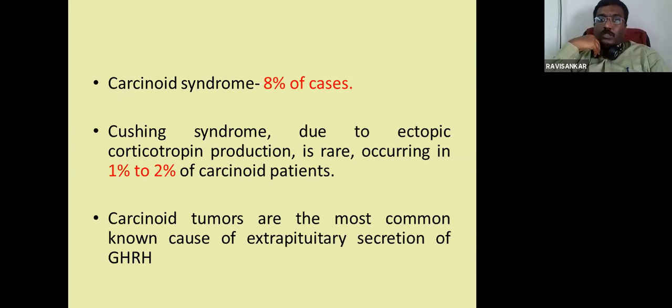Carcinoid syndrome occurs in 8% of the cases. Cushing syndrome is very rare. They are the most known cause of extrapituitary secretion of GHRH.